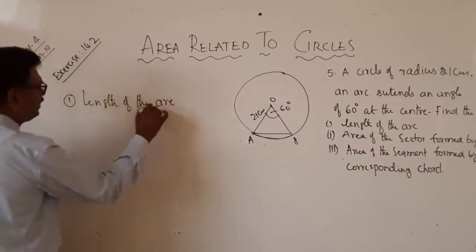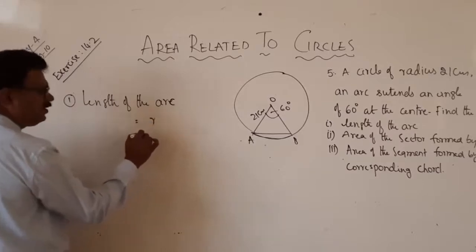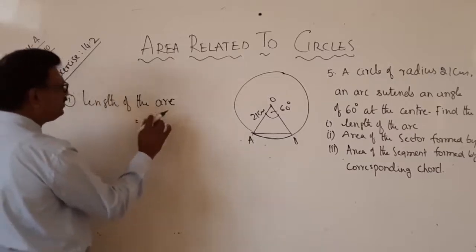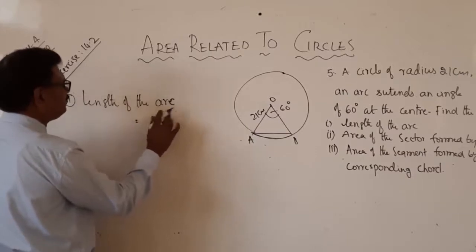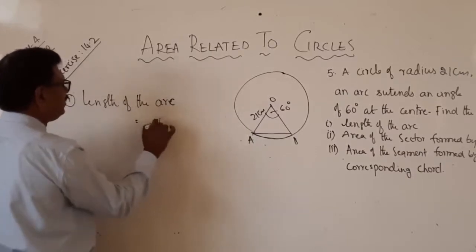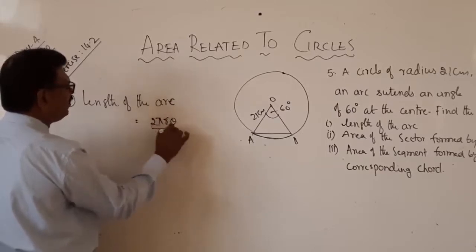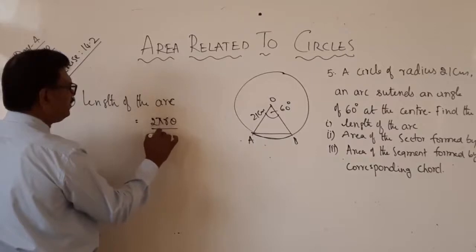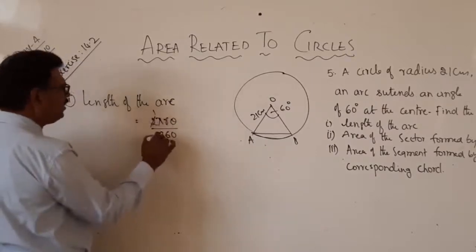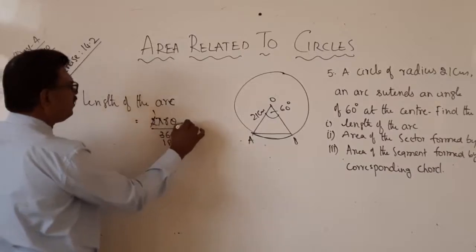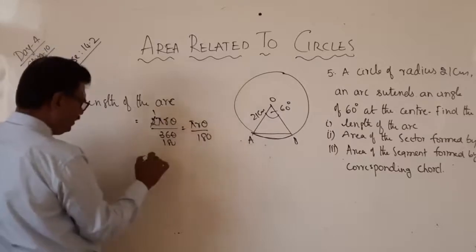Length of the arc is equal to 2 pi r theta by 360. Now 2 1s are 2, 180. Therefore pi r theta by 180.